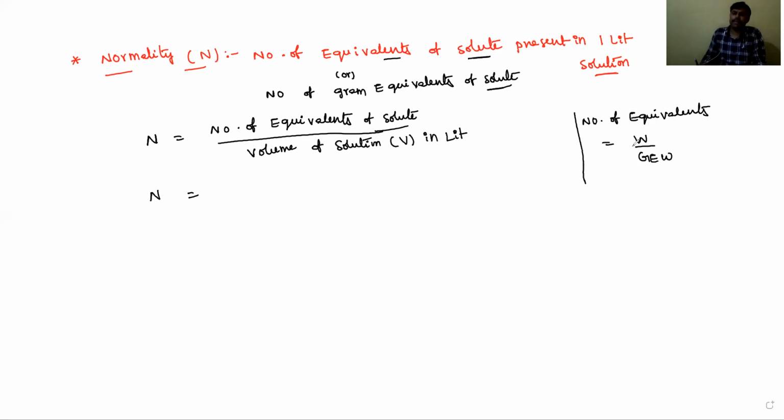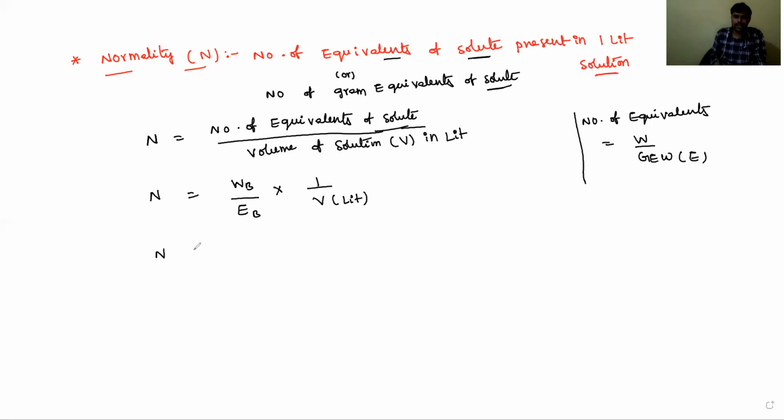Here it is the equivalents of solute, so the weight of solute, WB, by the gram equivalent weight of solute, E, into 1 by the volume of the solution in liters.